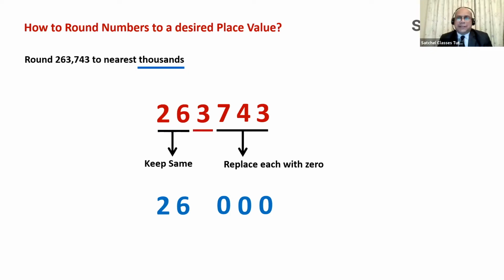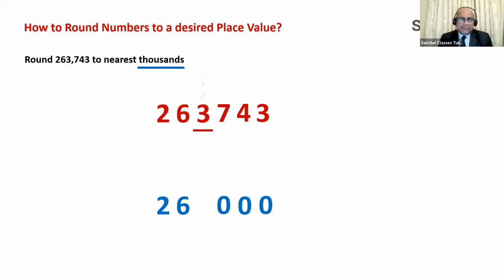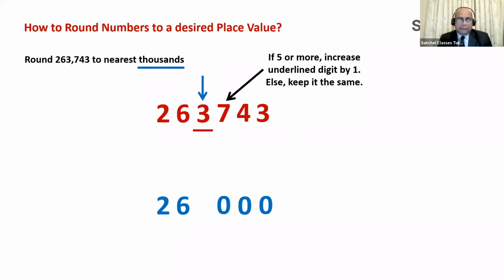Now we need to take a decision on the 3 itself, the underlined digit. For that, we need to look at 7. Because 7 is more than 5, the 3 will be increased by 1. So 3 would now become 4.